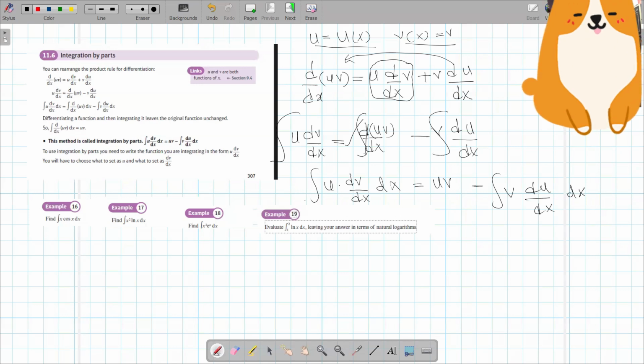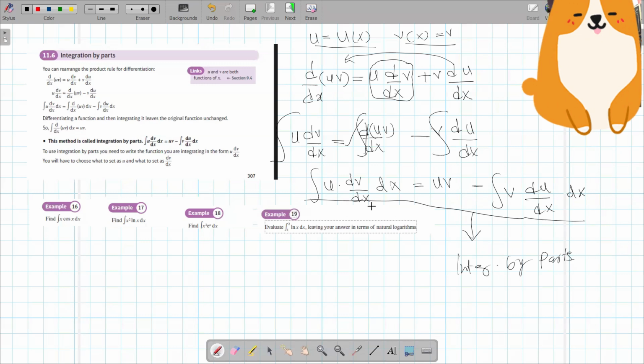This rule is known as integration by parts. Now, when we use integration by parts, we need to know first why we use it.